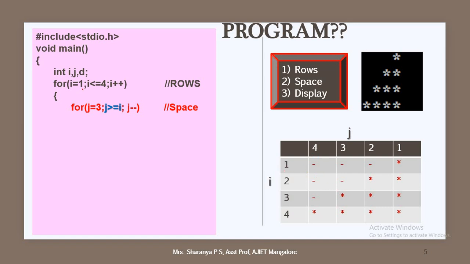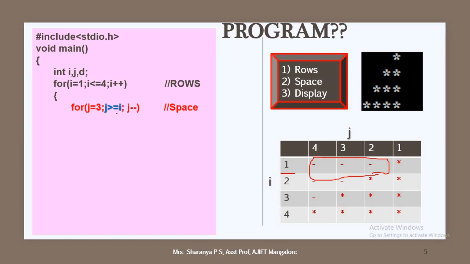So when I value is equivalent to 1, how many spaces could we make out here? There are total 3 spaces present. So J loop will begin with value 3 and how long does it need to extend?